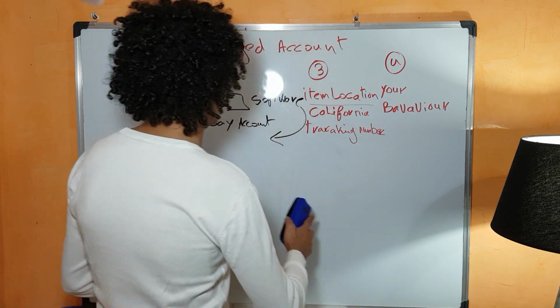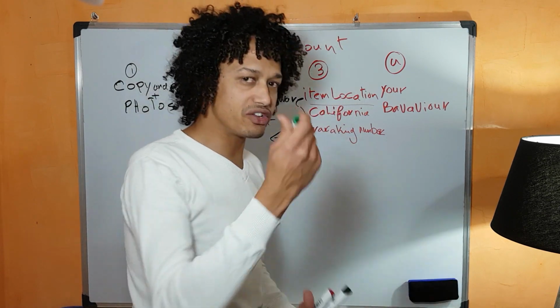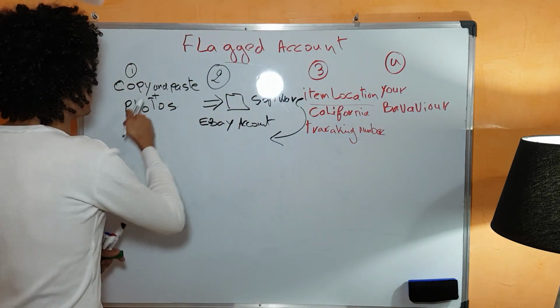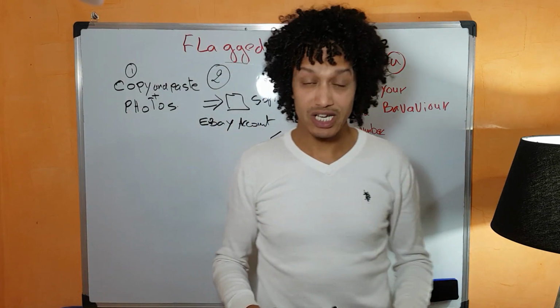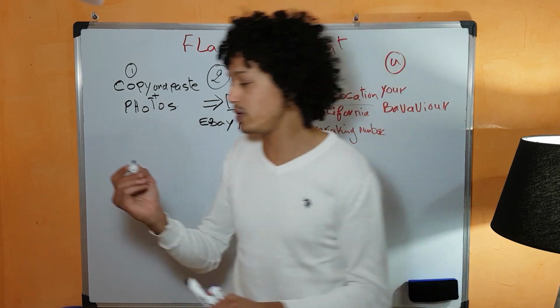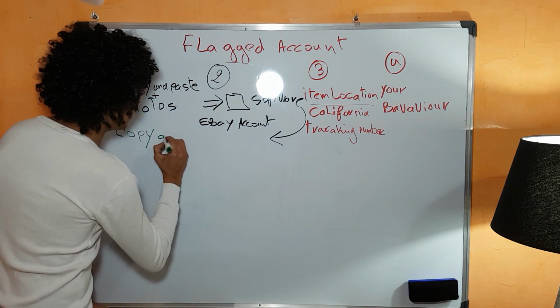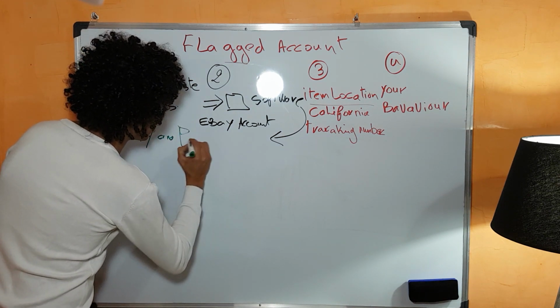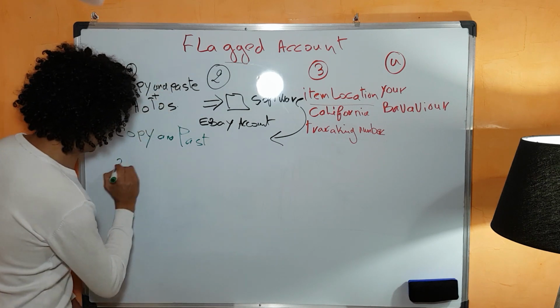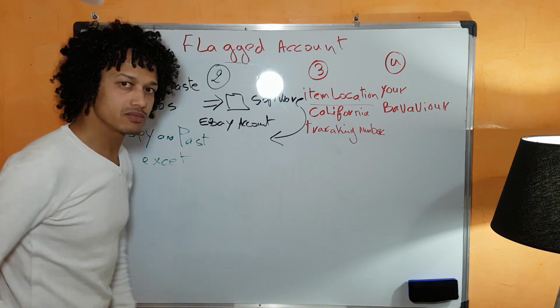Alright, so a solution for copy and paste and photos, I'm going to write it in green. What is the solution? The simplest, easiest thing you can do is copy and paste into Excel sheets.